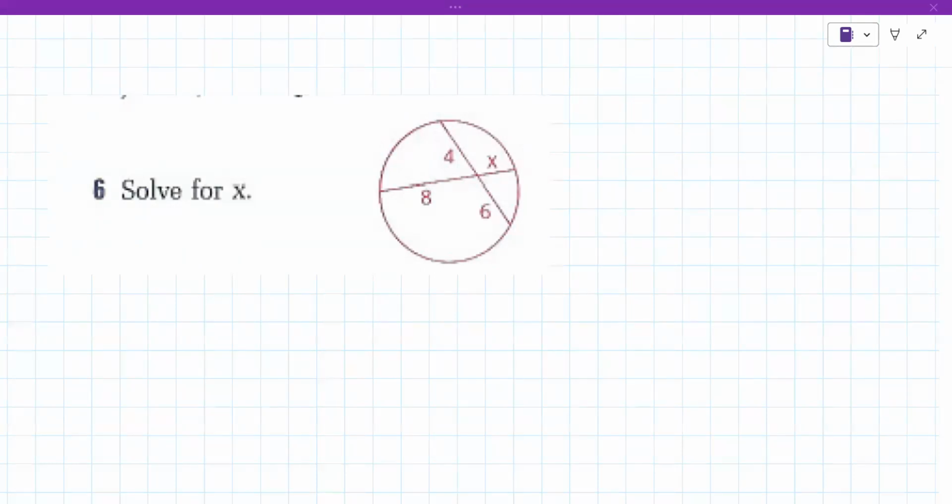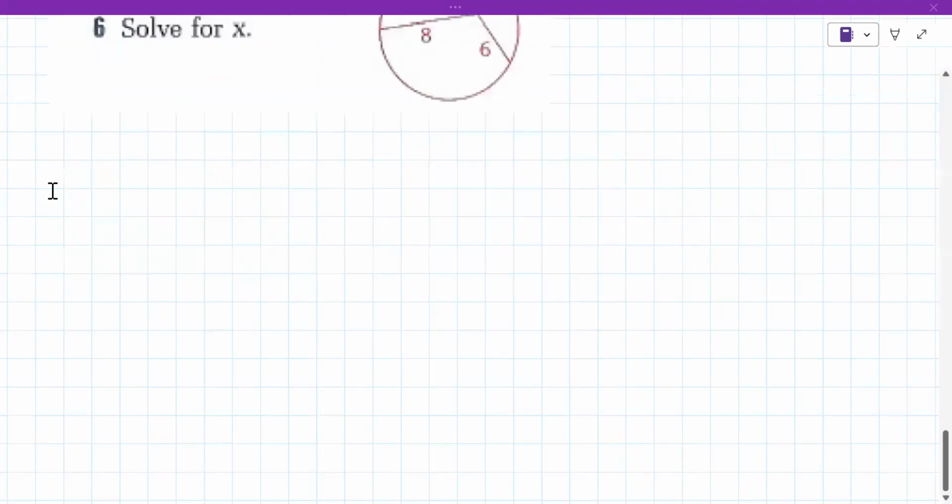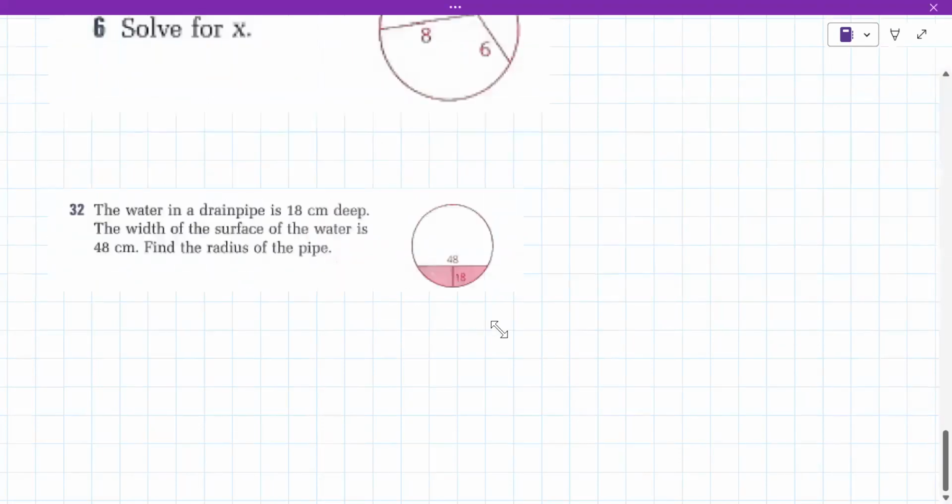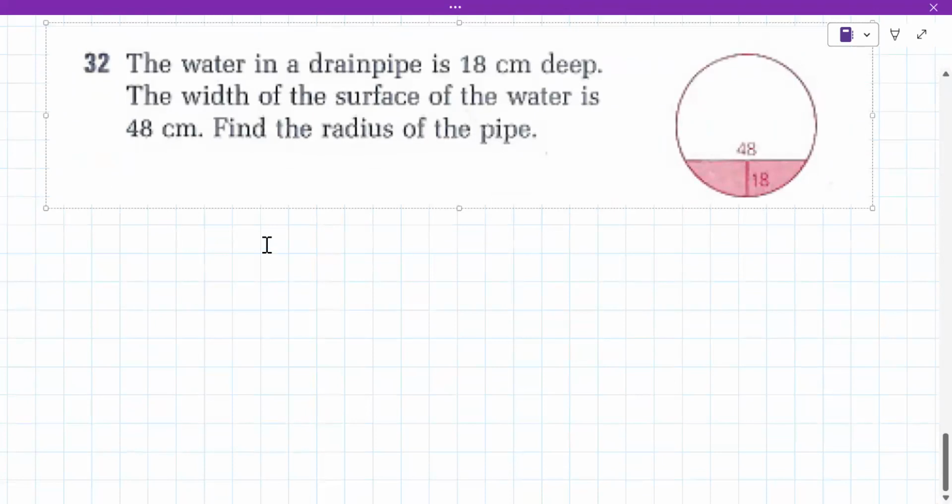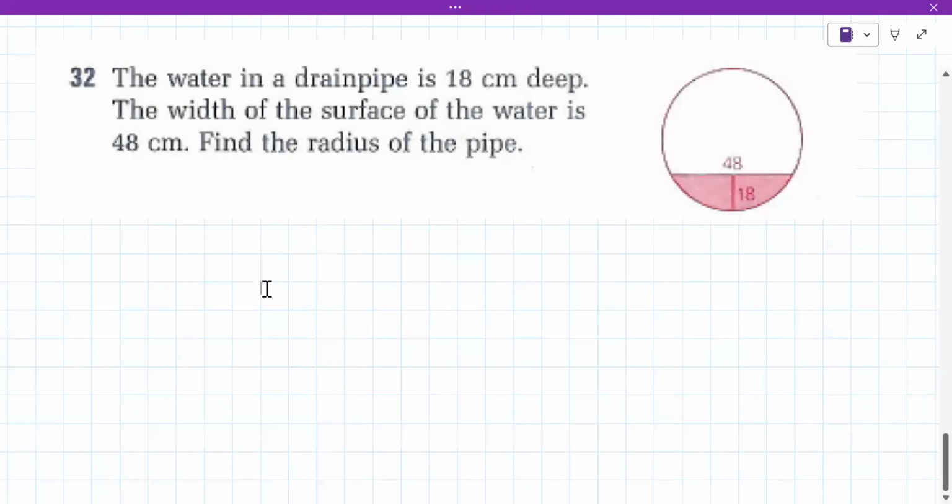Okay. I think this one was pretty tough, but I don't know that this is representative of what you're going to have. Did you see a problem like this? Yeah, I think so. Okay.